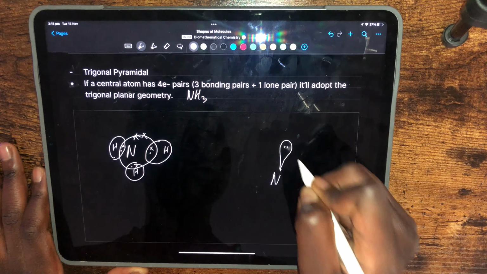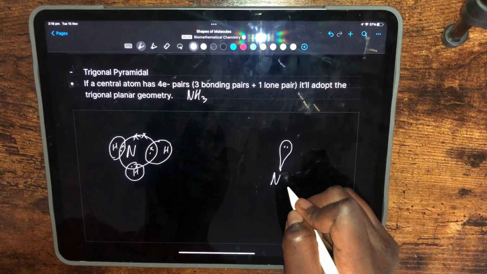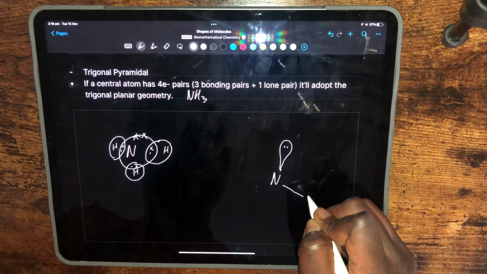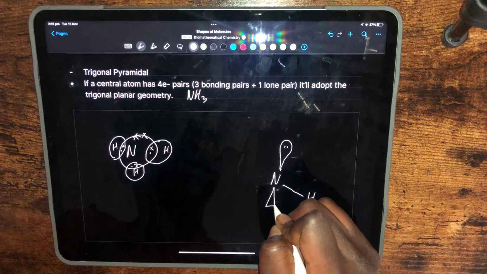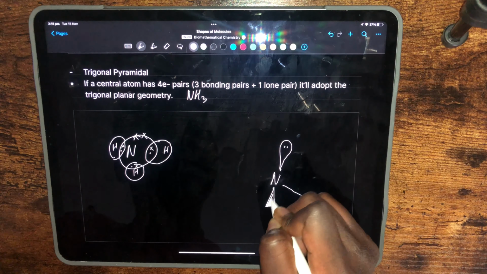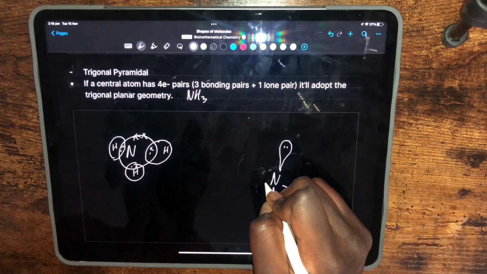They're not all on the same plane. One is on the same plane, and this one is coming towards you out of the plane. Hydrogen here.